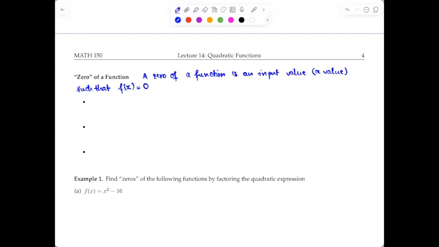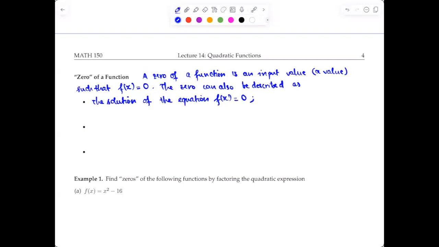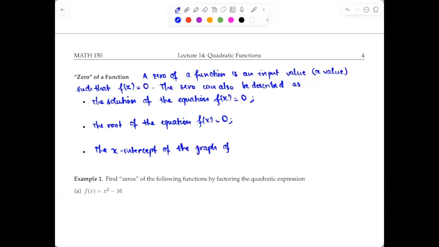They carry the same meaning. So the zero can also be described as the solutions of the equation f of x equal to 0, or the roots of the equation f of x equal to 0, or the x-intercept of the graph of the function y equal to f of x.